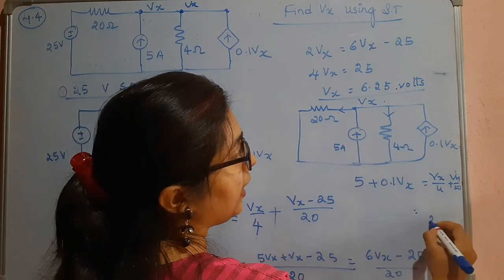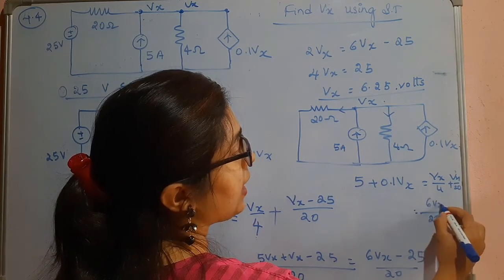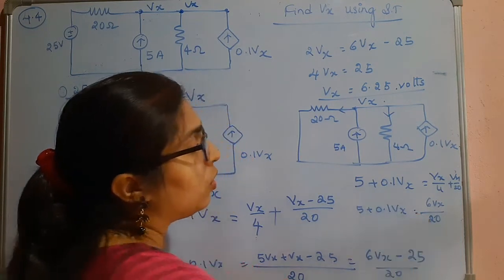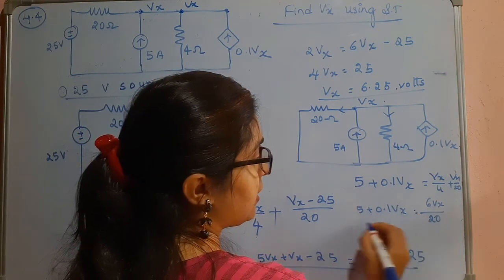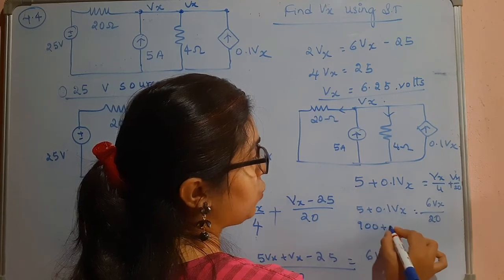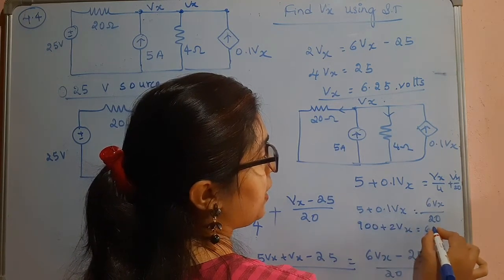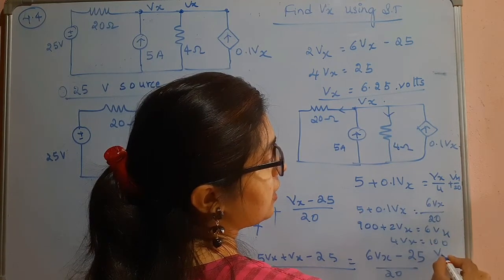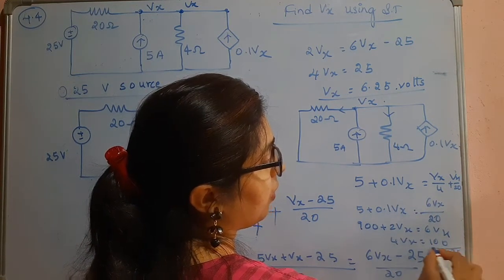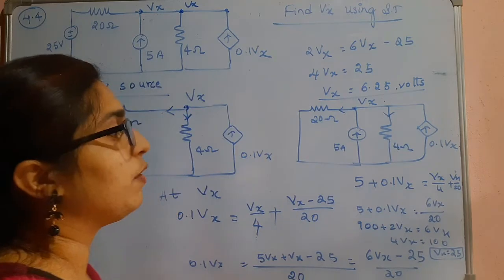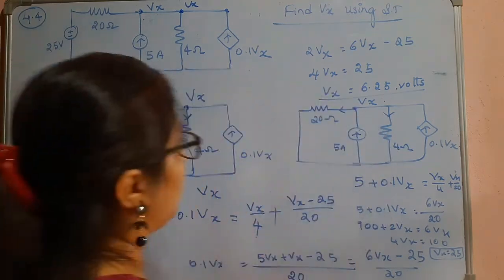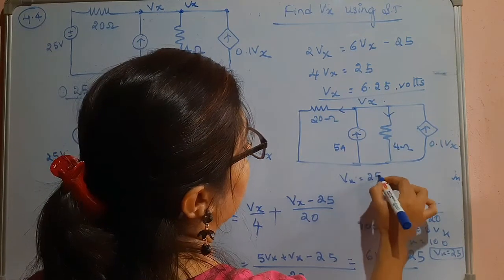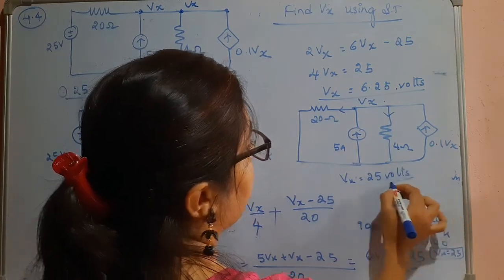Taking the LCM, we get 100 plus 2Vx equal to 6Vx. 4Vx is equal to 100. Vx is equal to 25 volts. This is because of the current source.